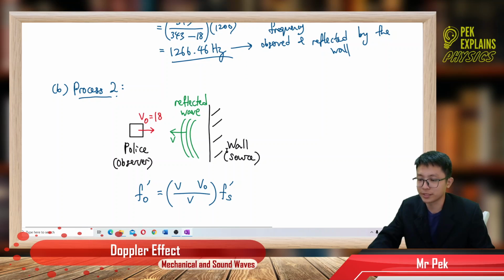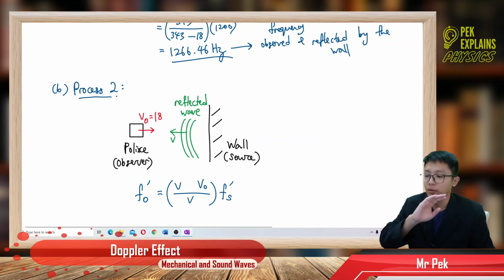So for this second process, because the wall reflects the wave, the wall becomes the source, and the policeman now observes the reflected wave.